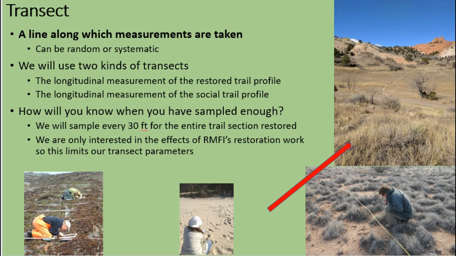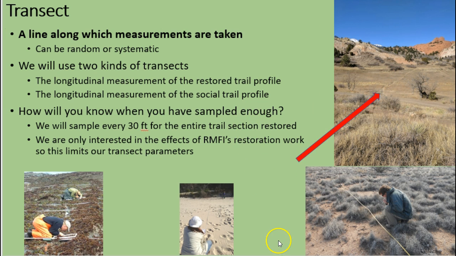We will use two kinds of transects: the longitudinal measurement of a restored trail and the longitudinal measurement of a social trail profile. Looking at this picture from another video, there's an example of a social trail crossing the valley.